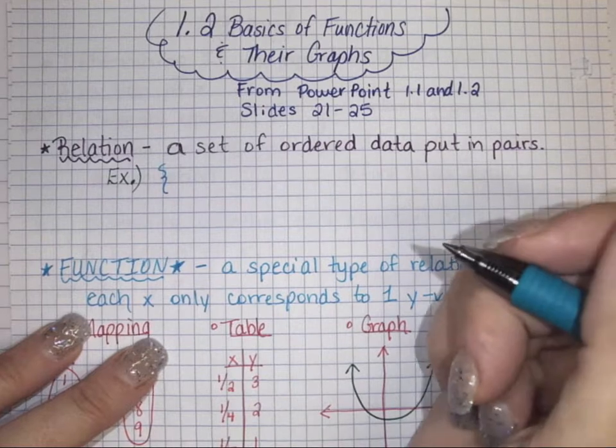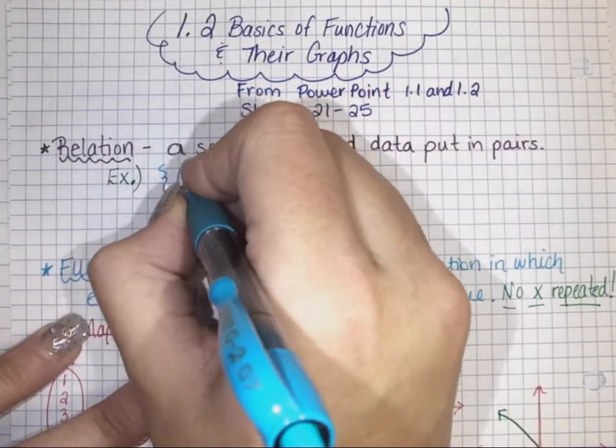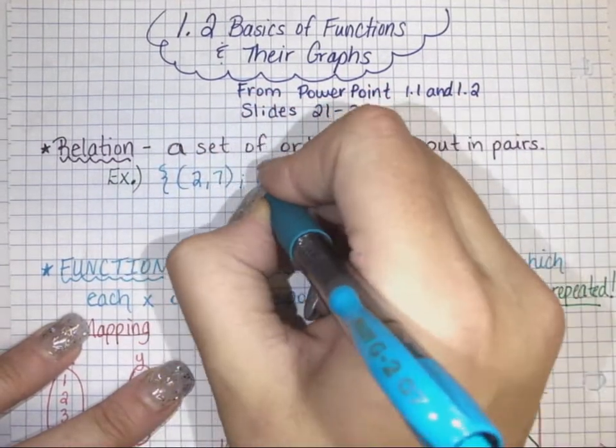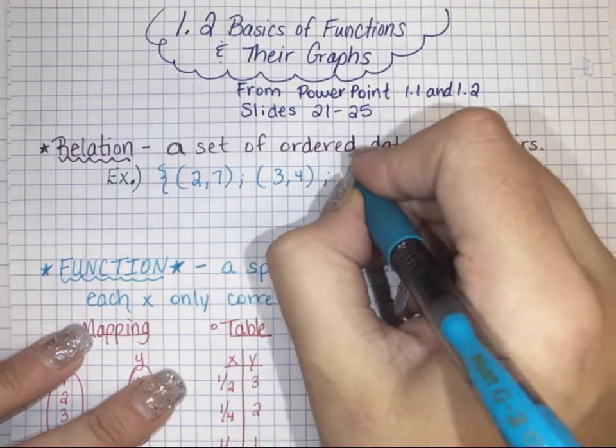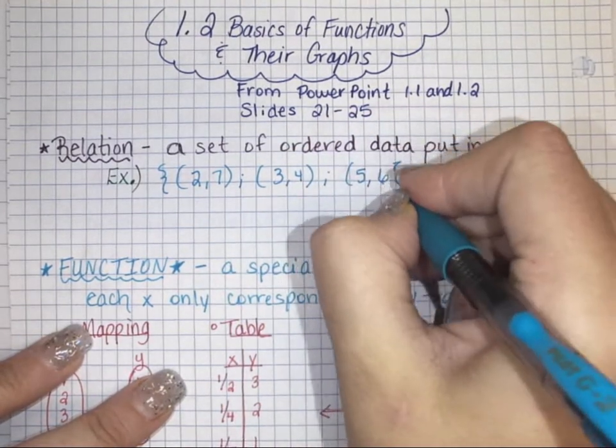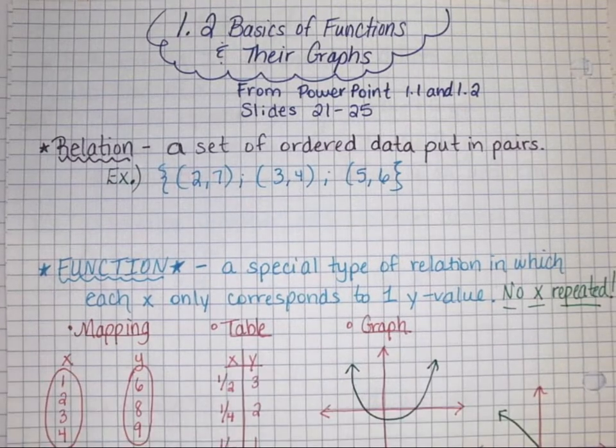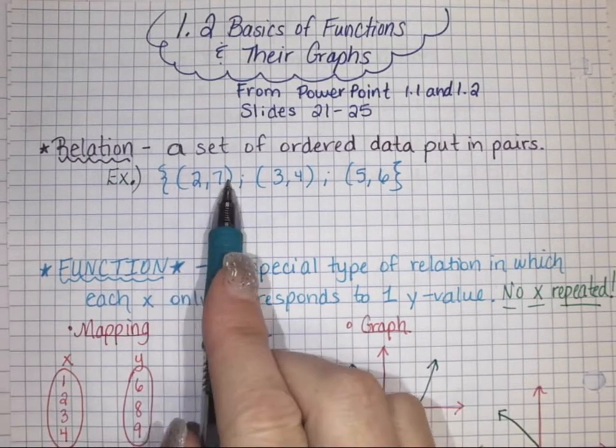Or, of course, it can be as simple as just a list of numbers. That's all a relation is. It just relates a set of data. For example, 2 is going to correspond with 7 and vice versa.